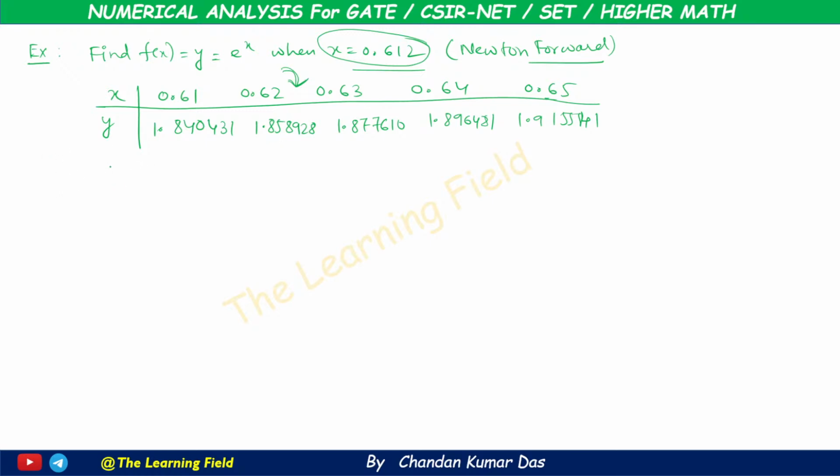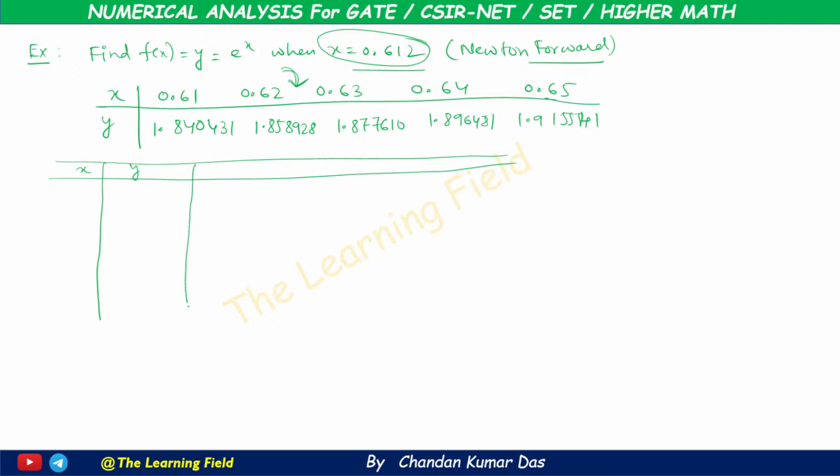The difference table has columns x, y, then delta y, delta square y, and we write the remaining deltas as our need.